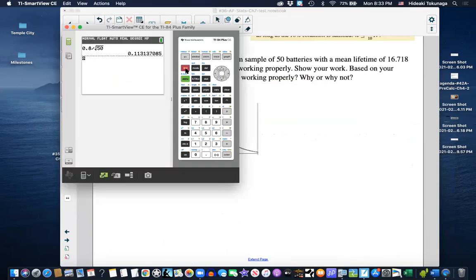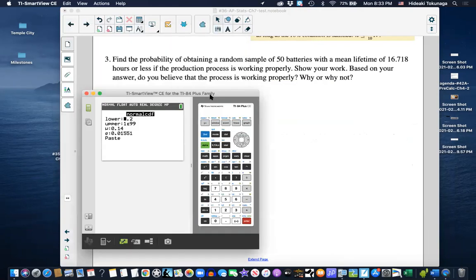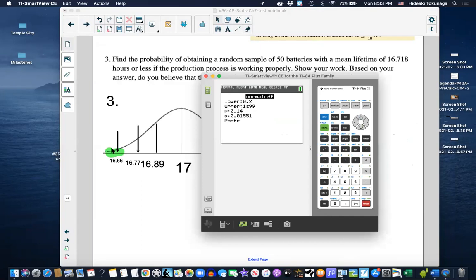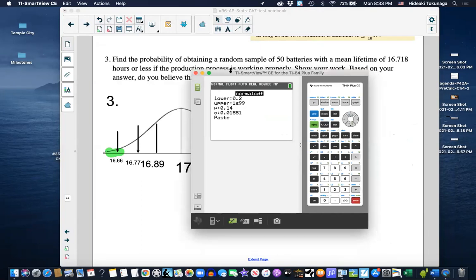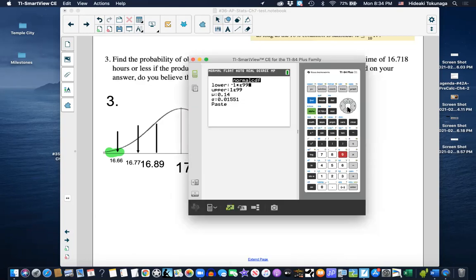Okay, so go here. Normal CDF. So I will just check the highlighted section. So lower is negative 1 times 10 to the 99, so negative infinity, upper is 16.718.